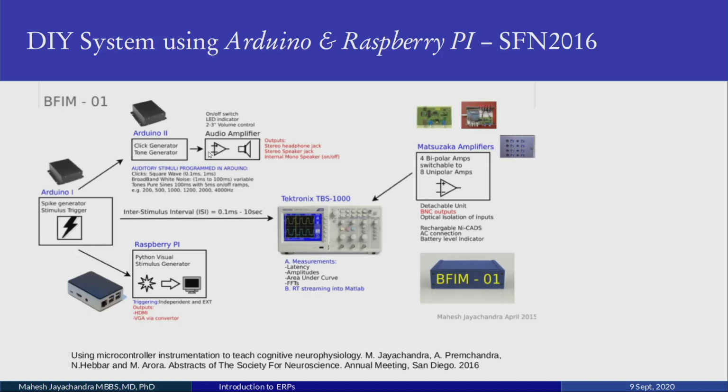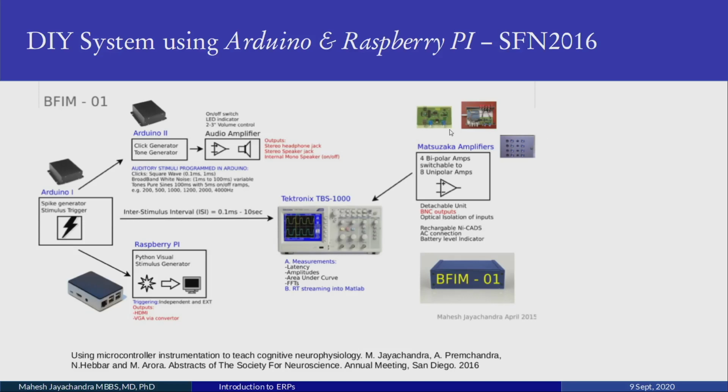That is for auditory stimuli. For visual stimuli, we use a single board computer, typically a Raspberry Pi, and you can run PsychoPy, a program from Professor Jonathan Peirce, and that generates auditory and visual stimuli.